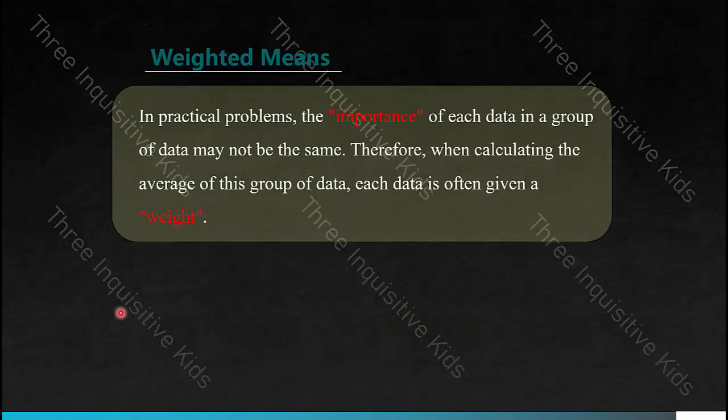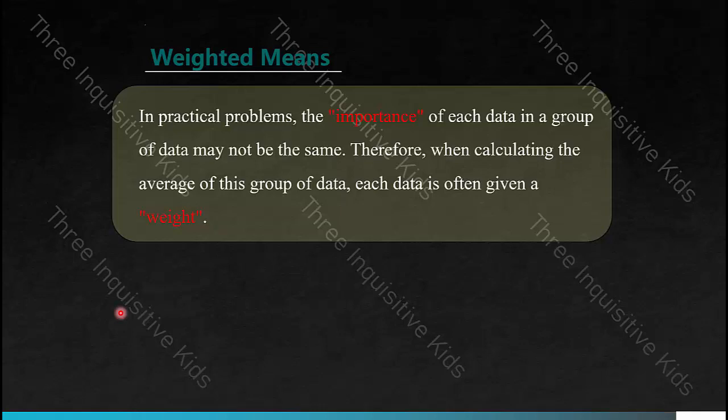Now that we just covered arithmetic means, let's look at weighted means, its difference, and what it means. In practical problems or in word problems, the importance, this is a new concept, of each data in a group of data may not be the same.